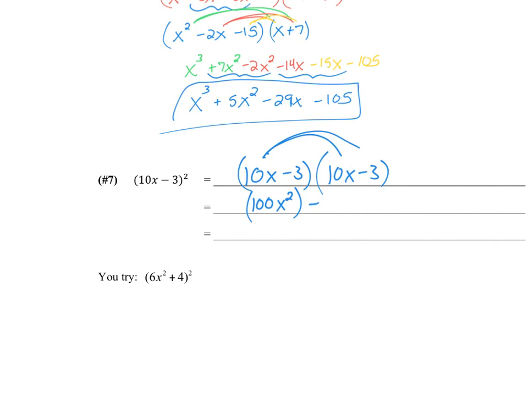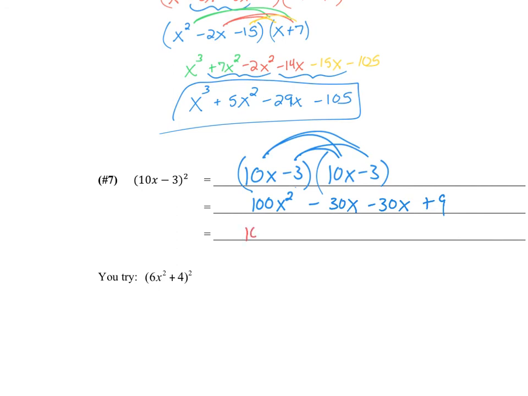Let me fix this. And then 10x times negative 3 is negative 30x. And then negative 3 times 10x is another negative 30x. And negative 3 times negative 3 is positive 9.